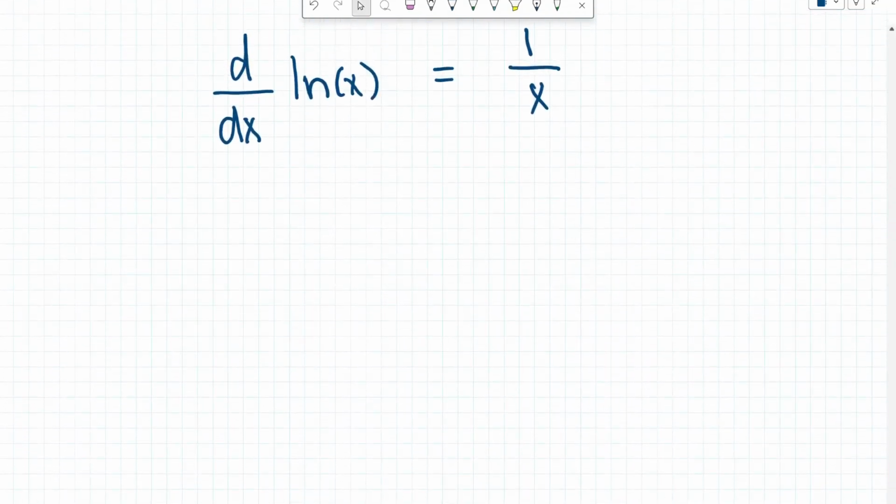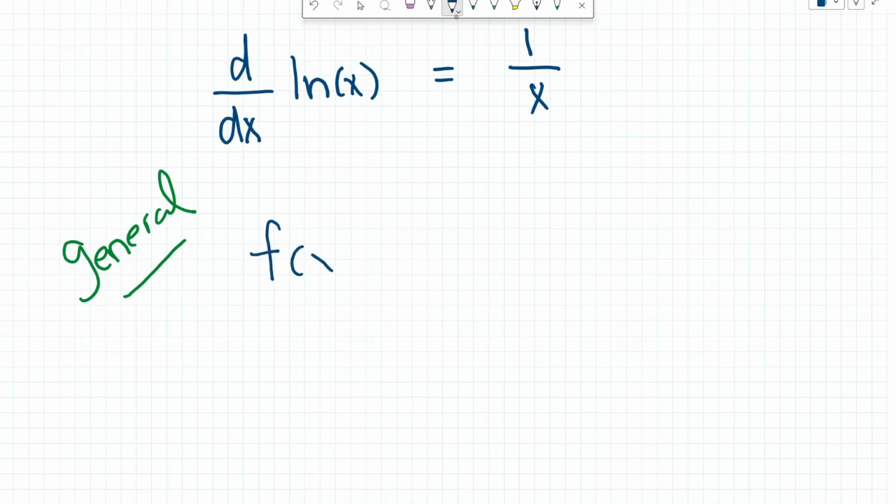Okay, so now we're going to take it a next step and look at a more general case. So we're going to do the general definition. What happens if we have a new function where f of x equals ln of g of x? The first thing I want you to think about is what type of function this is.